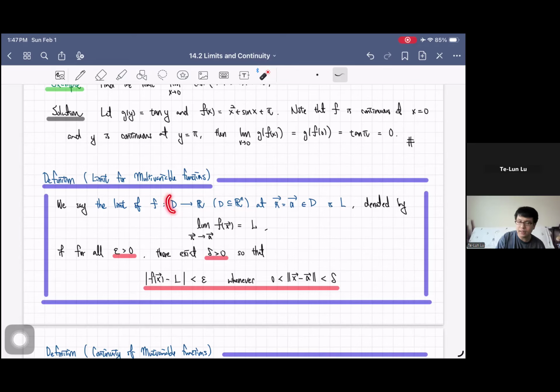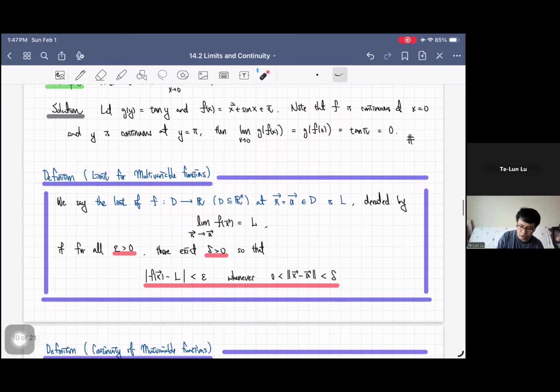I just say D because not all functions are defined on every value of vectors. For example, you cannot define this function whenever x plus y is negative. So it is some function defined on a domain contained in the n-dimensional space, and we claim that this function has a limit at x equals a.